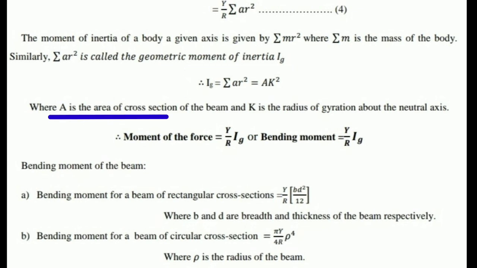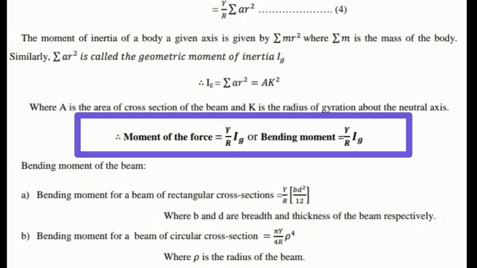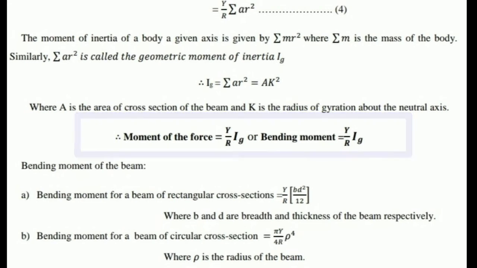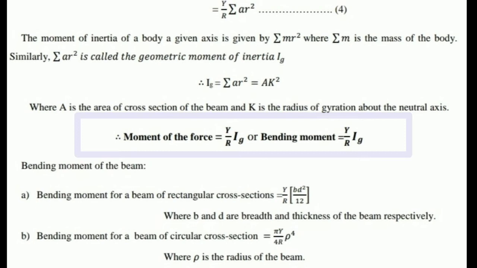A is the area of the cross section of the beam and k is the radius of gyration from its neutral axis. Therefore the moment of the force, that is the bending moment, we can write as Y by R into Ig. So Ig means moment of inertia.